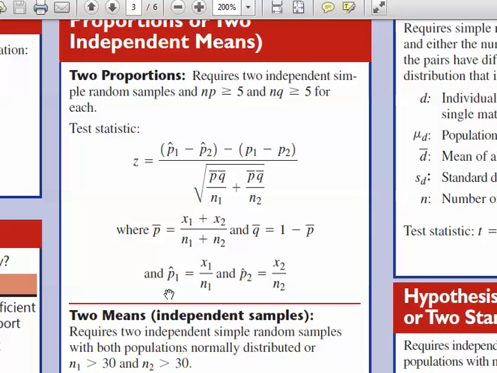And if there are two samples, then p hat sub 1 will be the x data and the n number from the first sample, and correspondingly p hat 2 will be the x information, the number of successes for the second set, over the size of that set. So these numbers aren't hard to calculate, so we'd have those numbers, we'd find their difference.